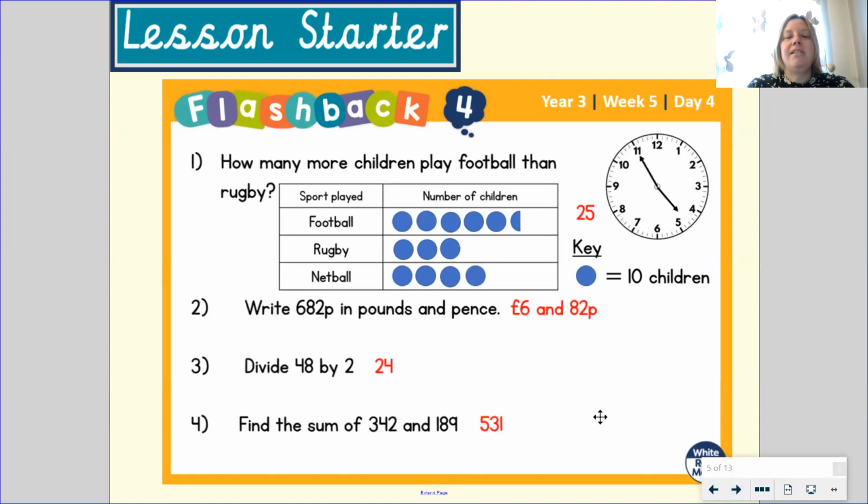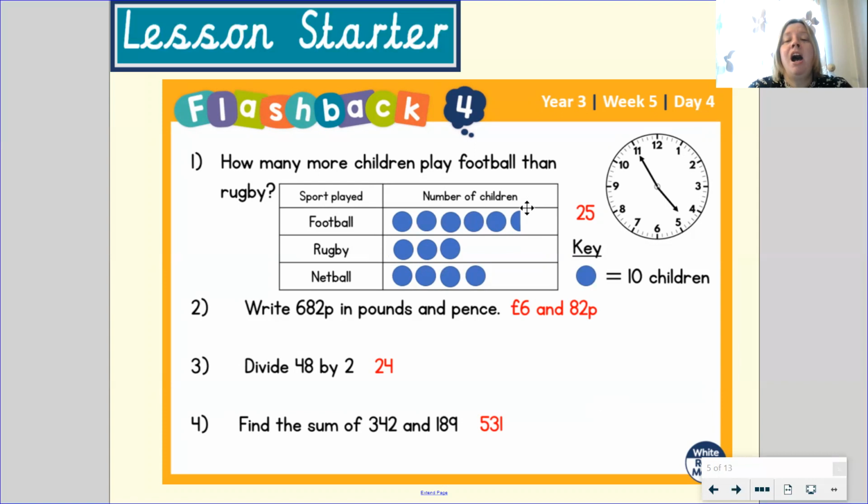Let's check the answers. So, question 1. How many more children play football than rugby? So the first thing I needed to do was to count and see how many children played football. Count in tens with me. 10, 20, 30, 40, 50.